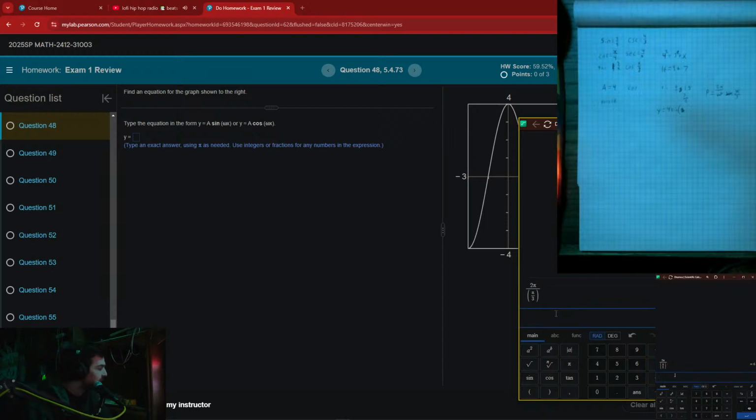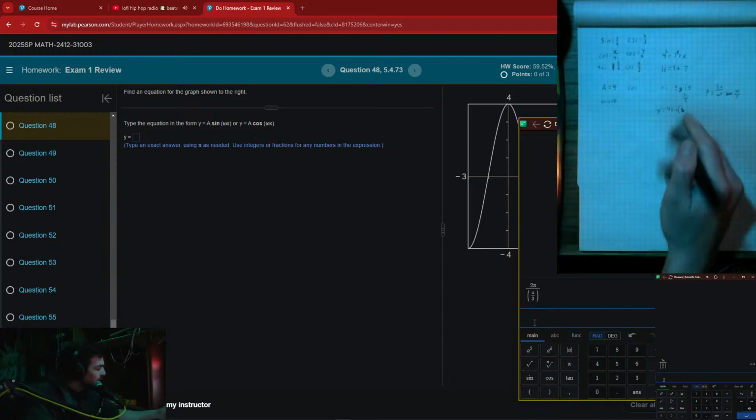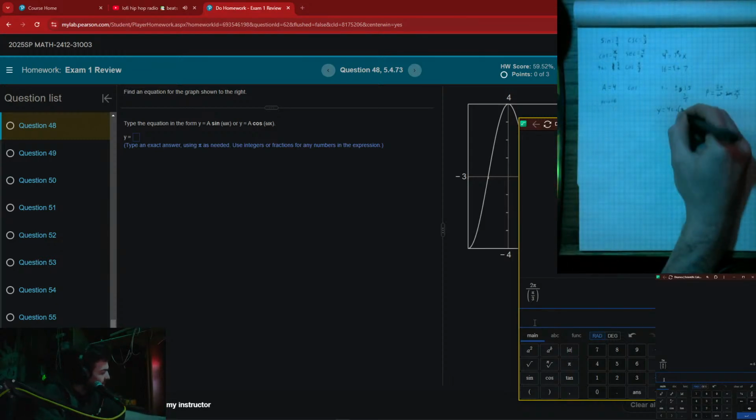So now we need to find what gives us a phase shift of 3 over 2, using pi over 3 as our omega. So what is this equation?